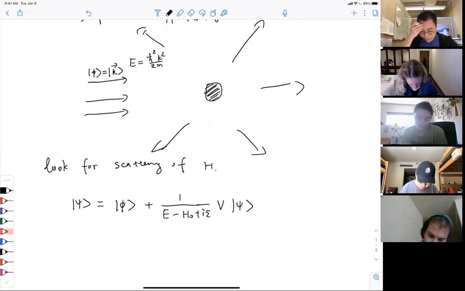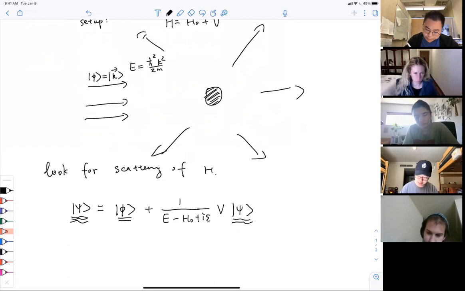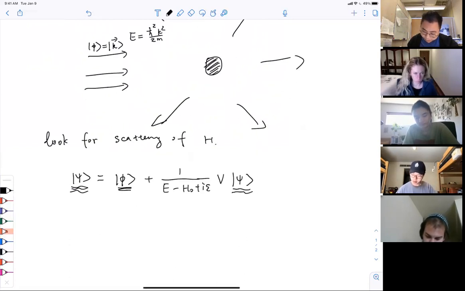This is one of the most important equations in scattering theory. This is the scattering state we are looking for, and this is just the incoming state, which is a plane wave.